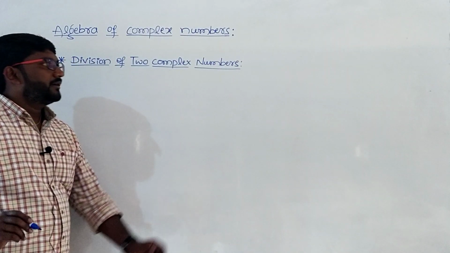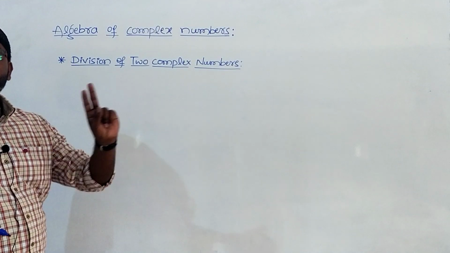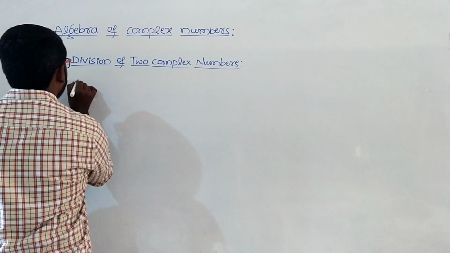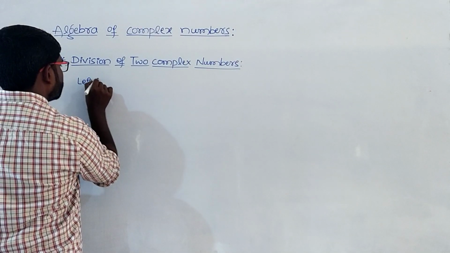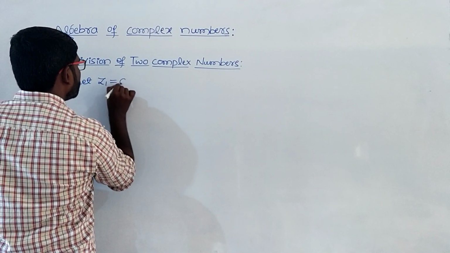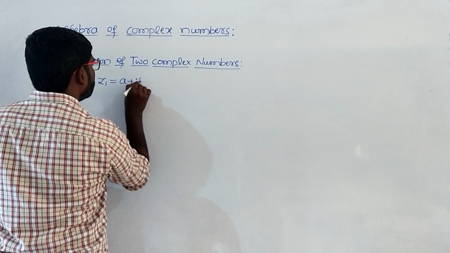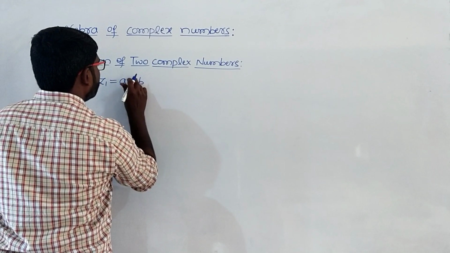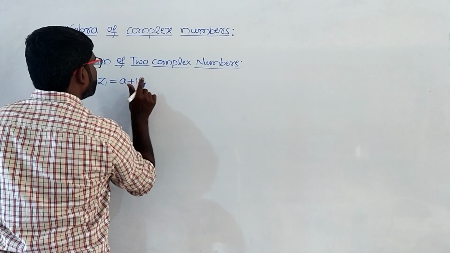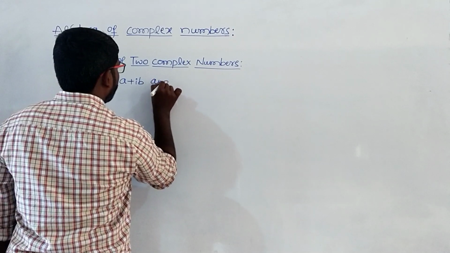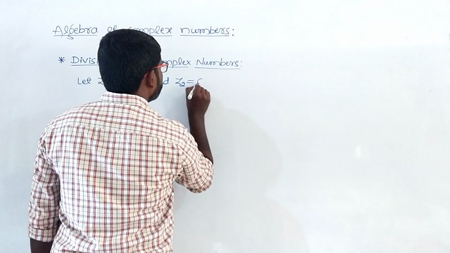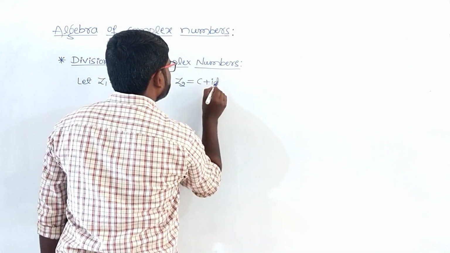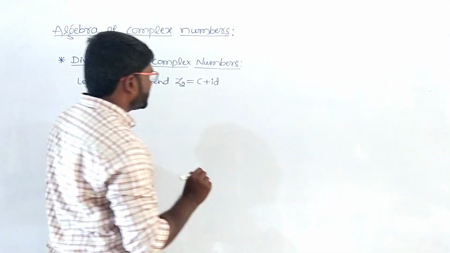Well, I'll take the two complex numbers now as z1 and z2. Let z1 is equals to a plus ib, and z2 which is equals to c plus id.